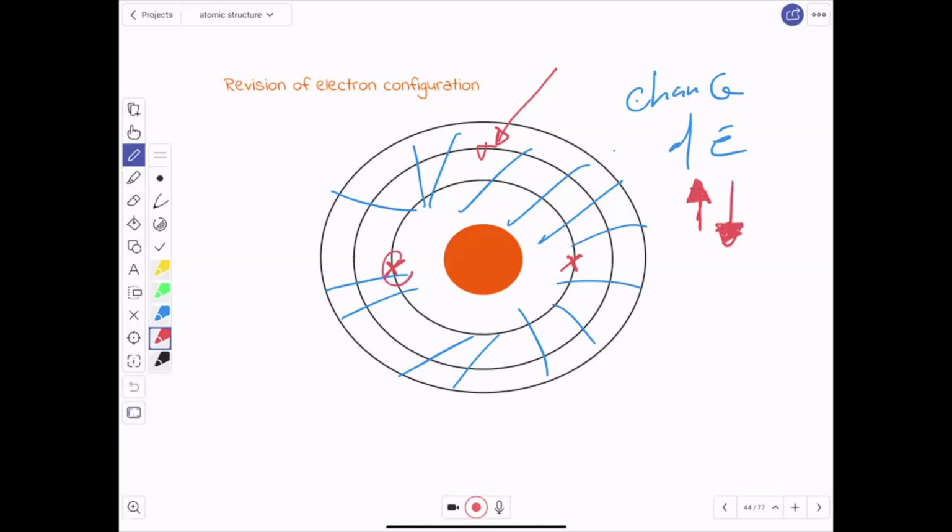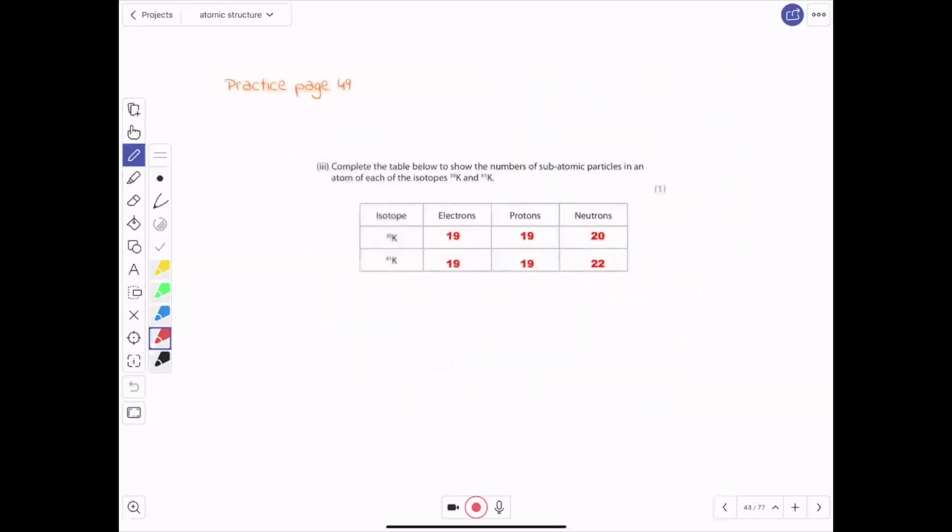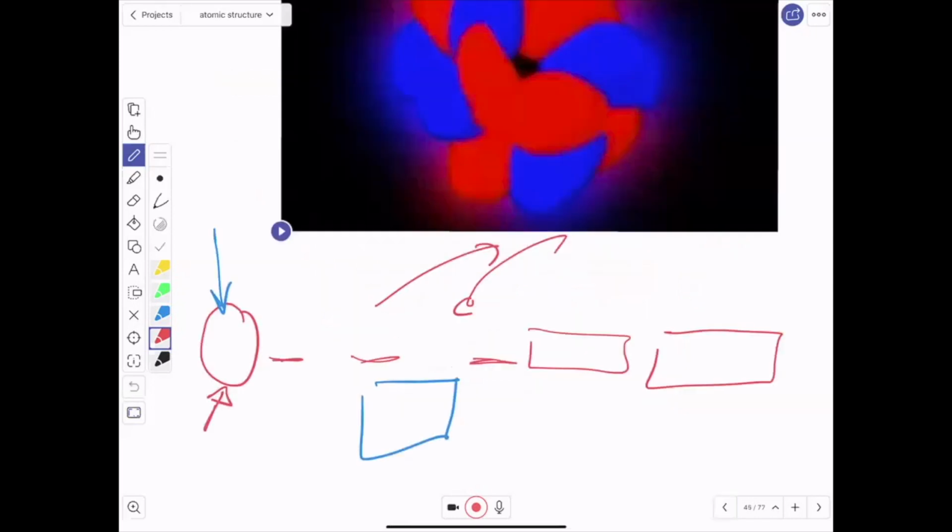So instead of drawing electrons the way we used to draw them in the past, we're now going to approach a more realistic way of showing electrons. We're going to show electrons as arrows, and these arrows are spinning. They could be spinning this way or the opposite way, right? So that's the new thing we call orbital, right?